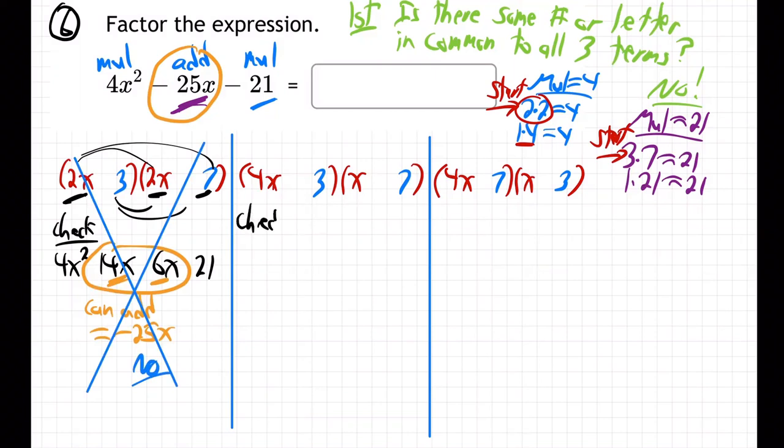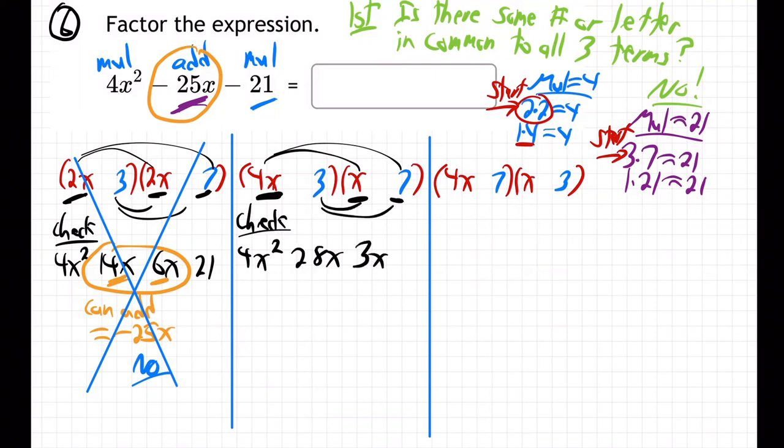I'm going to check. And again, it's first to both. That'd be 4x squared, 28x, 3x, and 21. So can the middle ones add to equal minus 25?